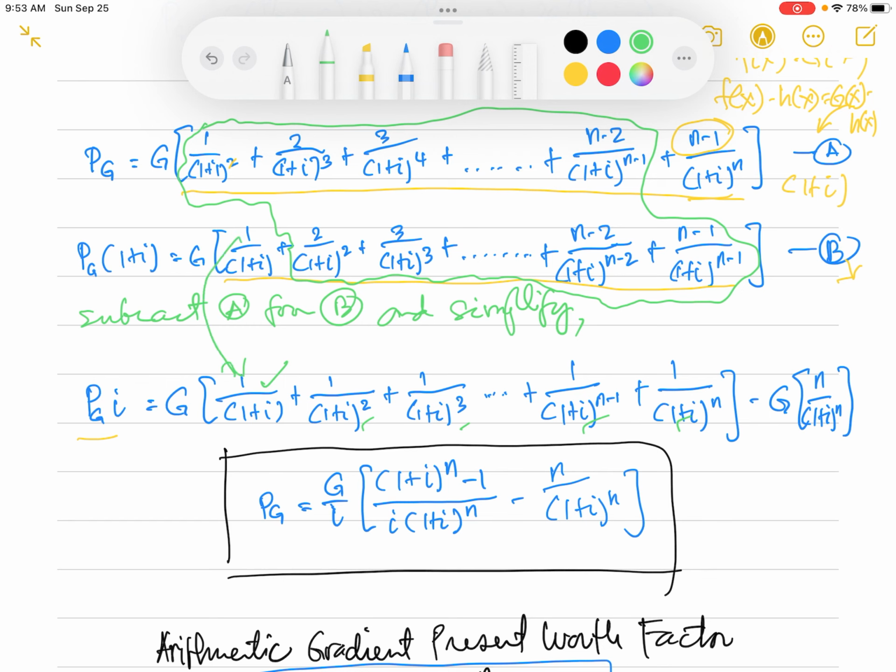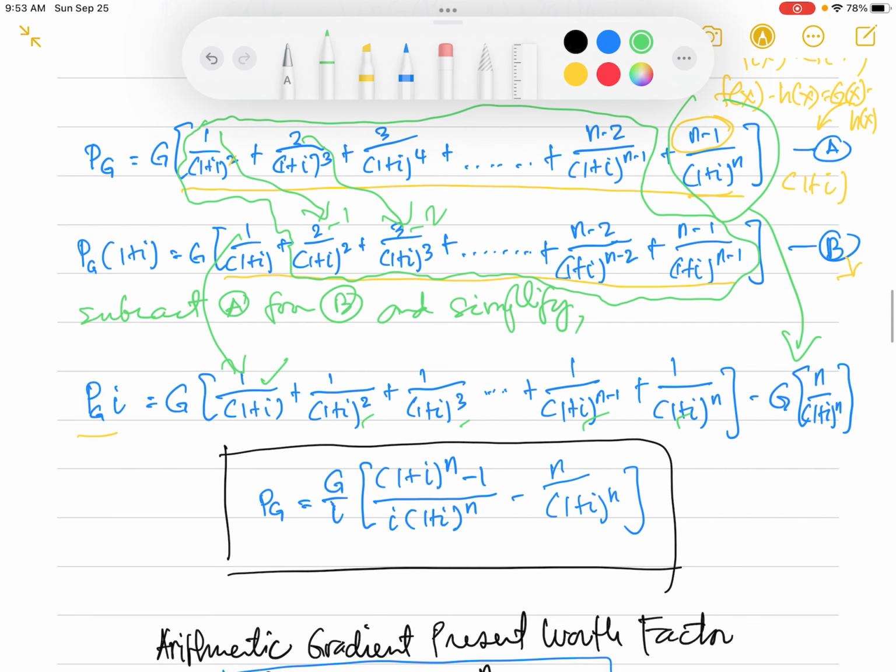And then all the rest will have the numerator subtracted by the first formula A. So for example, this will be 2 minus 1, and here 3 minus 2, and so on and so forth. But this last term doesn't have any similar term, so you cannot combine it with any other terms there.